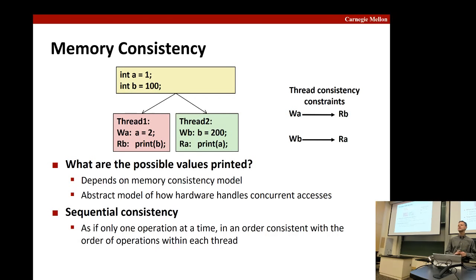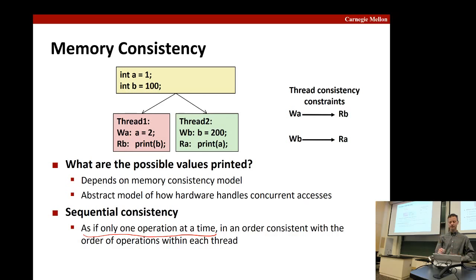So sequential consistency is the most popular, convenient model for memory consistency because it gives a very simple way of reasoning about it as a programmer. You reason that memory behaves as if only one operation occurred at a time, even though there's a lot of parallelism.